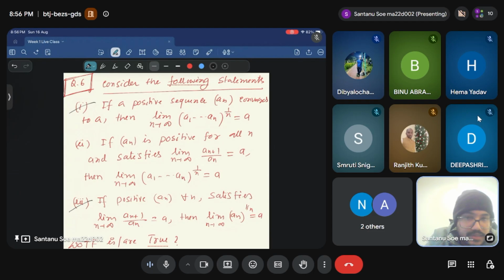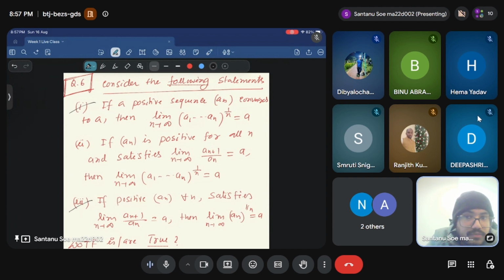This is a very, very nice result. Just remember it, I'll be using statement 3 in some question we'll be solving today. If the ratio has a limit A, then an to the power 1 by n will also have limit A.